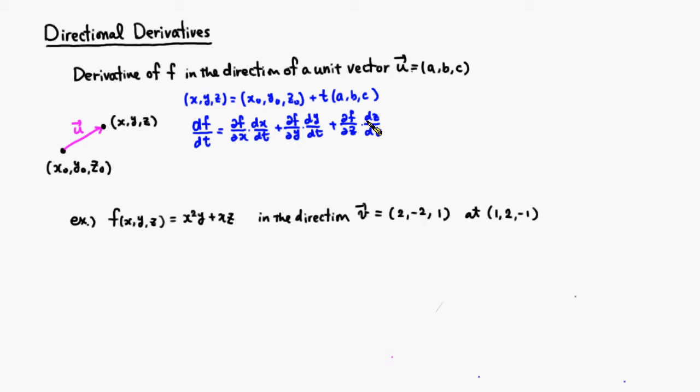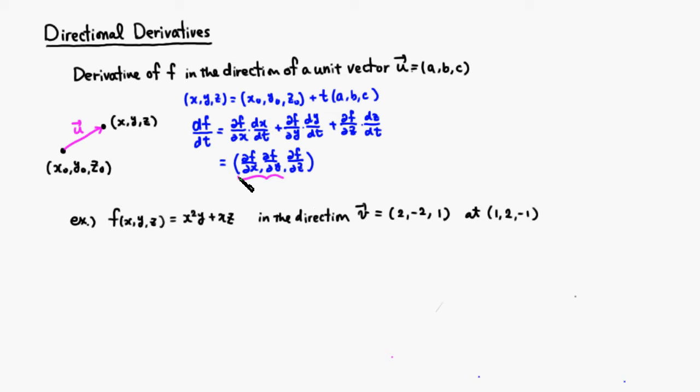So you can see that we can rewrite this as a dot product between the partial of f with respect to x, the partial of f with respect to y, and the partial of f with respect to z, which is the gradient.